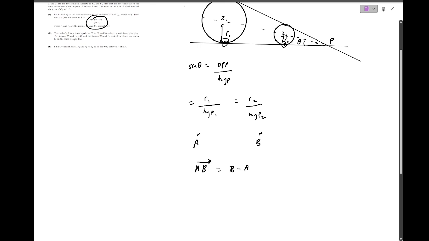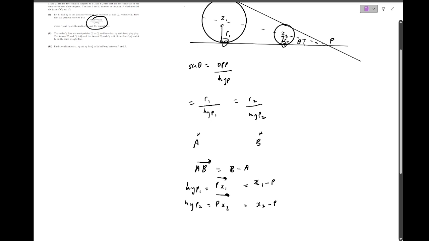So here, hypotenuse 1 is actually just x1p, and hypotenuse 2 is x2p. Sorry, it's the other way around, my bad. It's px1 and px2, which is just x1 minus p and x2 minus p.